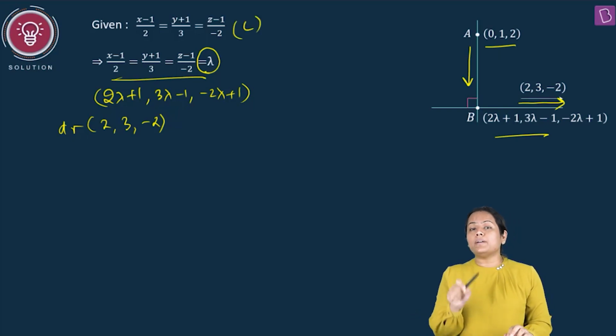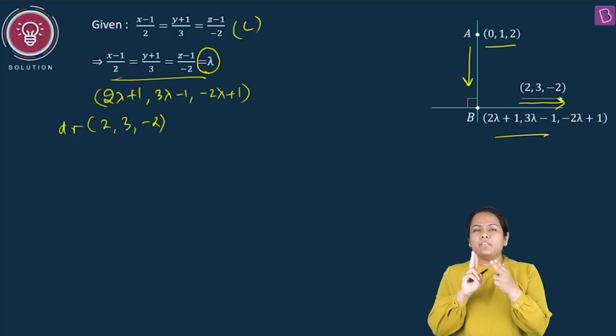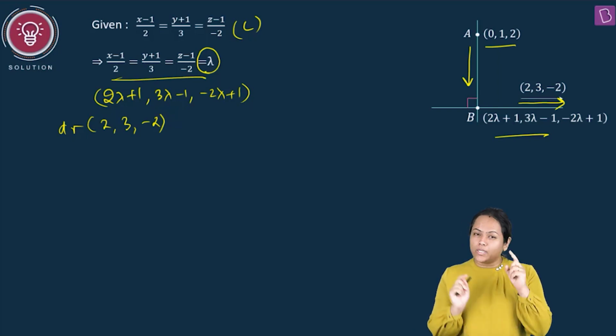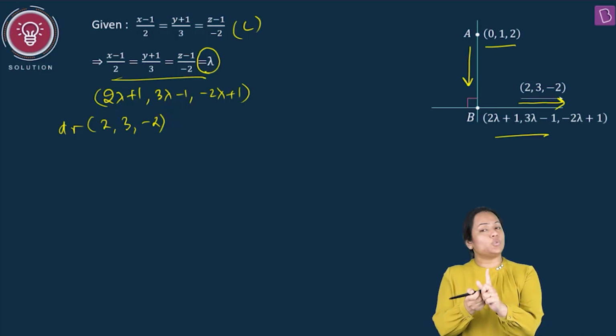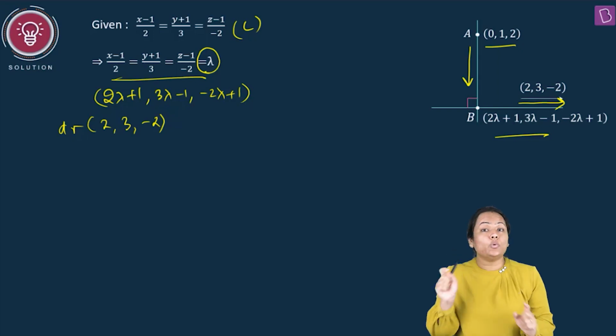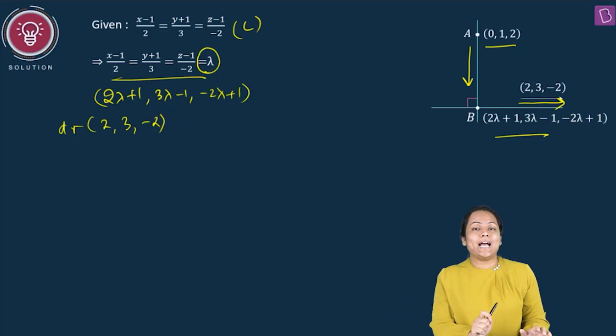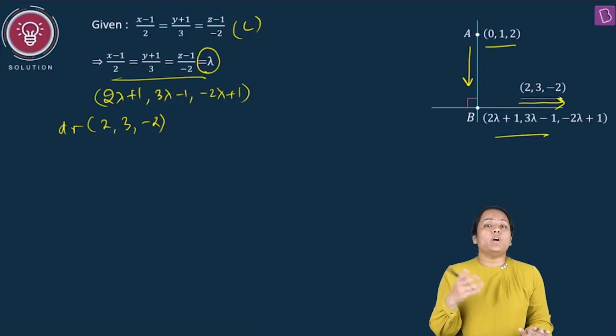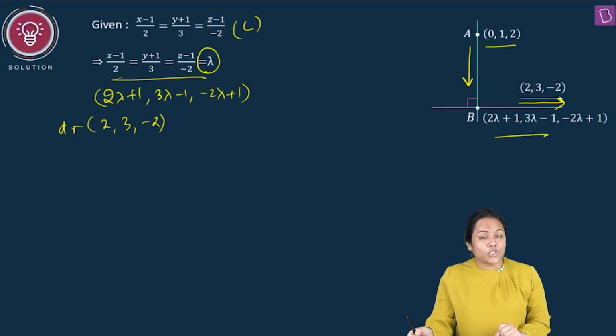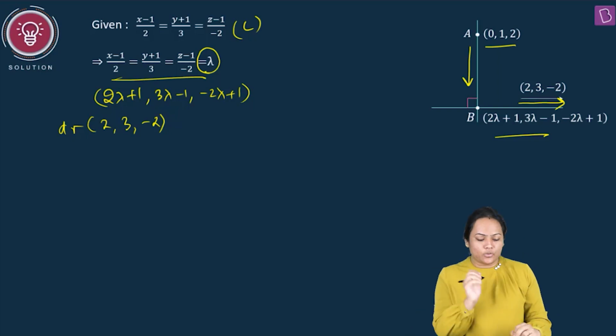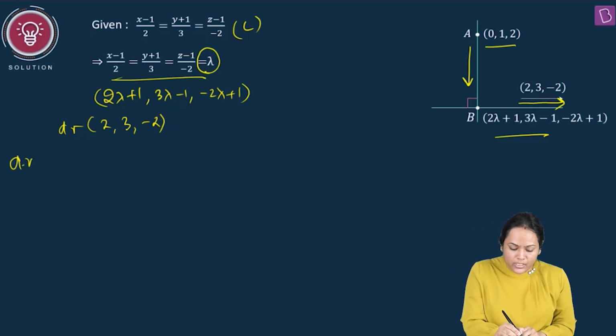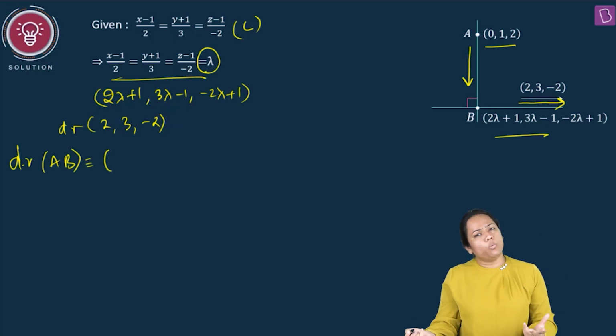That is 2, 3, minus 2. So if I have two lines which are perpendicular, that means vectors along those two will be perpendicular, right? And if the vectors are perpendicular, we know that their dot product will be 0. This is the condition, guys. Dot product should be 0 for the vectors. Here, what they have given us is the direction ratios. So we'll quickly write the direction ratio of AB also. So I can say that my direction ratio of AB is going to become, what you have to do?